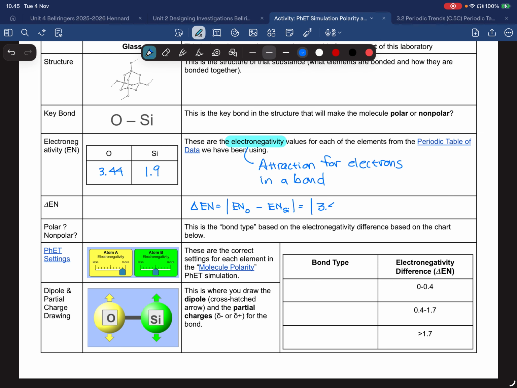So 3.44 minus 1.9. I'm going to pop that into the calculator, and that's going to be 1.54. That's the electronegativity difference. Remember, it's always positive because it is an absolute value.